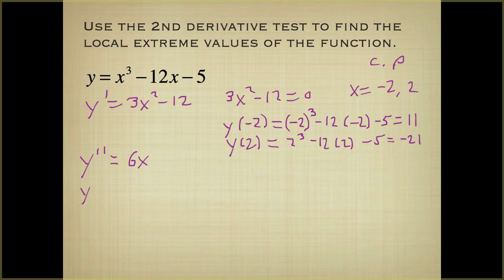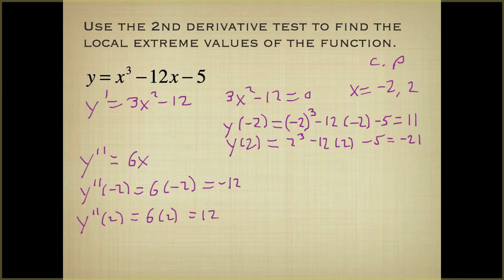So y double prime of -2 is -12, which is negative. We have y double prime of 2, which is 6 times 2, which is 12, which is positive. So we have a negative sign and a positive sign. Because we have a negative sign here, it means this is concave down.